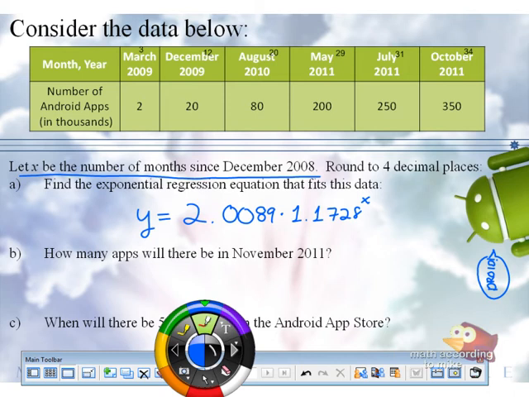I didn't get an R2 or R1, which is fine. As long as you got this a and b, you're fine.